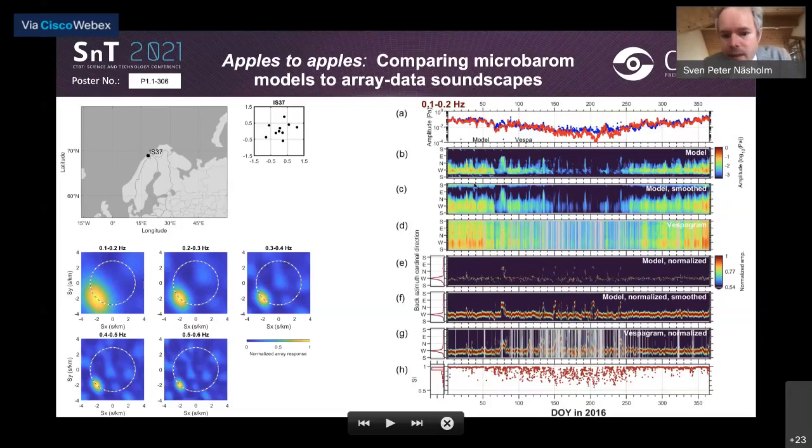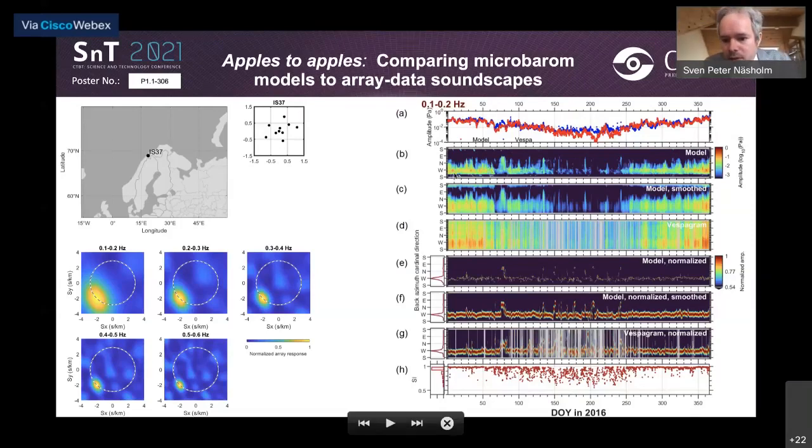Then if we go to the slightly complicated picture on the right, we have time on the horizontal axis. For each time window, here around 1 hour, we measure the power as a function of directions. Directions we have, for example, on panel B on the vertical axis. This we can do both for the modeling of the microbarom soundscape, and there are several approaches for this, and this was modeled by Marine De Carlo.